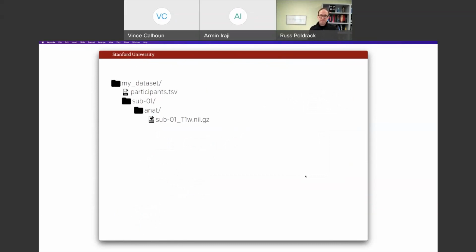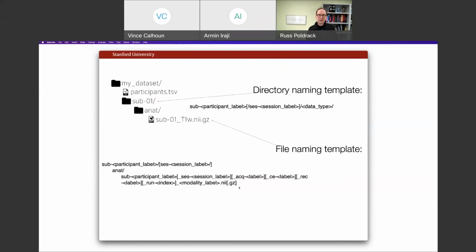And then the standard provides both directory naming templates, like, how do you name your subject directories, and file naming templates. What are all the things that might go into a file? And these have gone through a ton of discussion to try to work with the largest possible number of different data types.